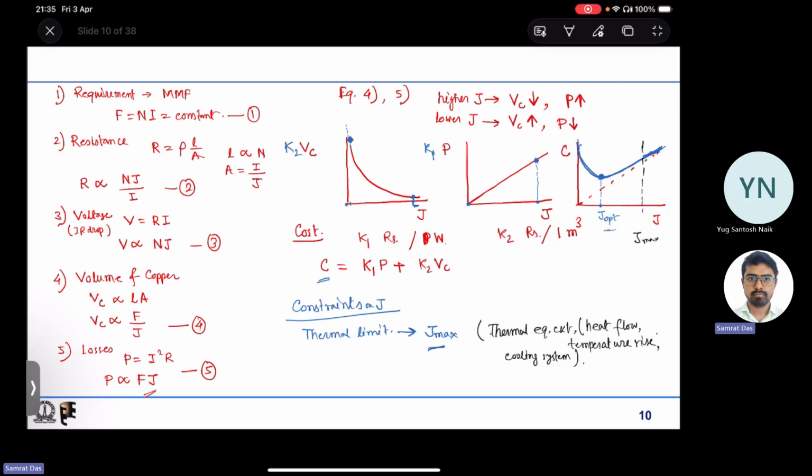So that puts a limit on J max, right? So you have a limit on J max. So this is the first constraint. You have a second constraint also. Second constraint is the available area, or volume, whatever you call it, available for copper.